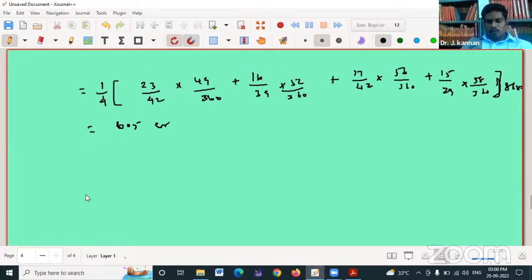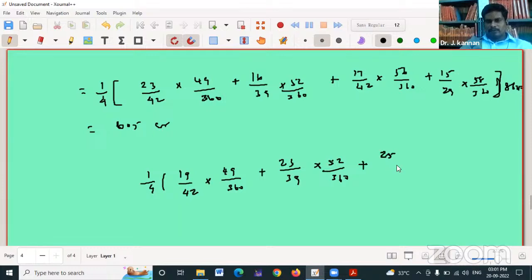And also in company Y, again we find 1/4 of the values. So 19 divided by 42 into the degrees 49 degree, plus 23 over 39 into 52 divided by 360, plus 25 over 42, and the final is 14 divided by 29 into 58.